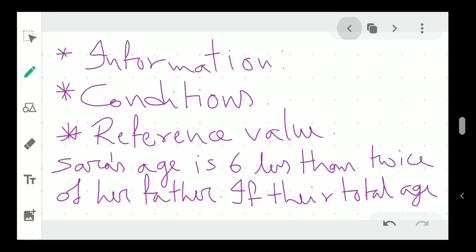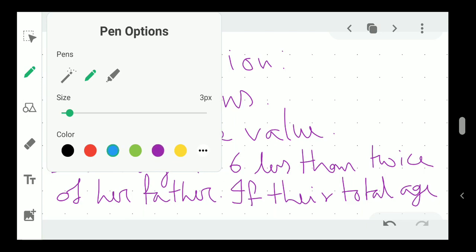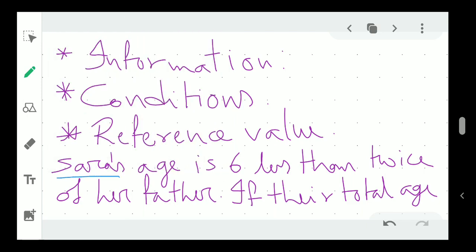Now see, coming to information, what are the informations given here? Information one is Sarah's age, so we are talking about age. Another thing is there, her father is also involved. So these all are informations. Conditions is what?